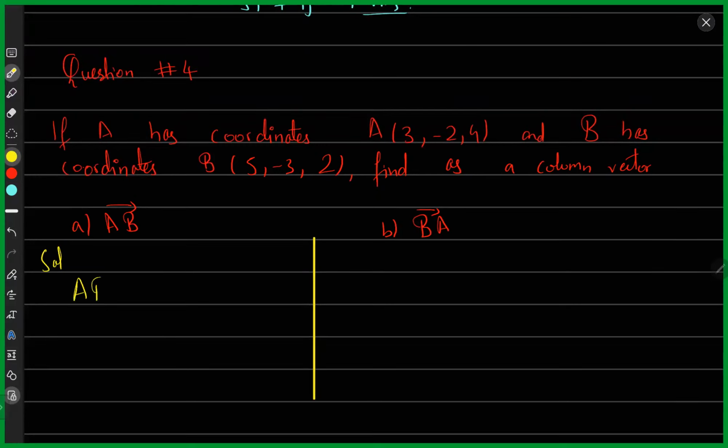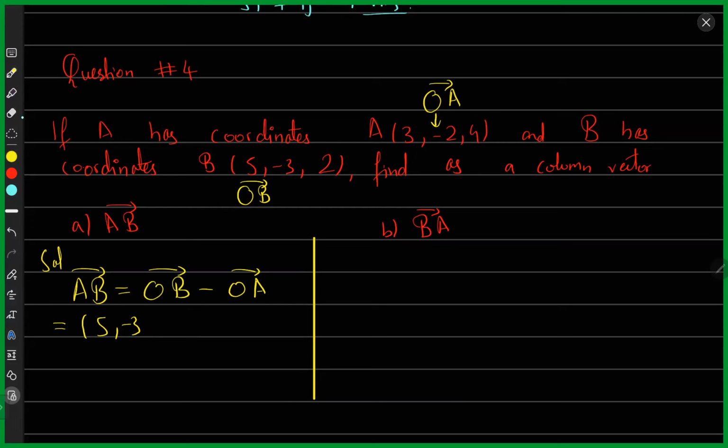AB is basically OB minus OA. This is OA and this is OB. So I can write it as 5, -3, 2 minus 3, -2, 4.